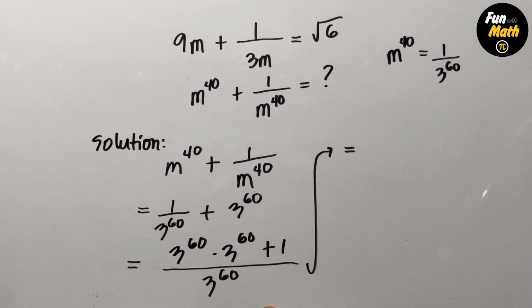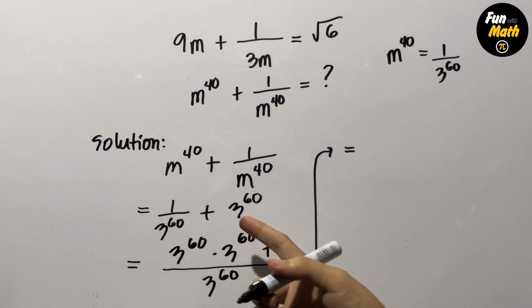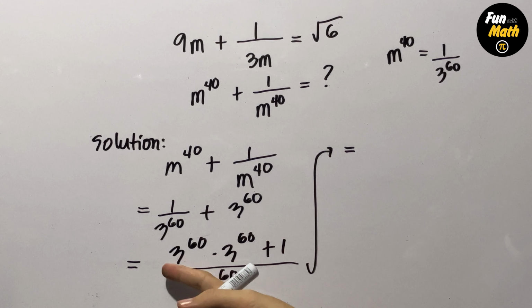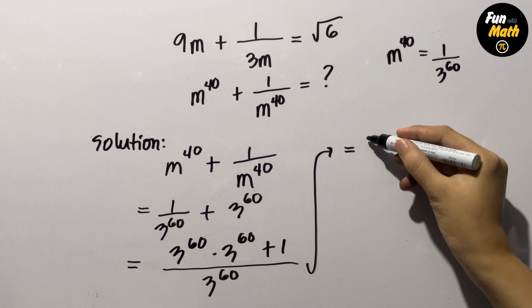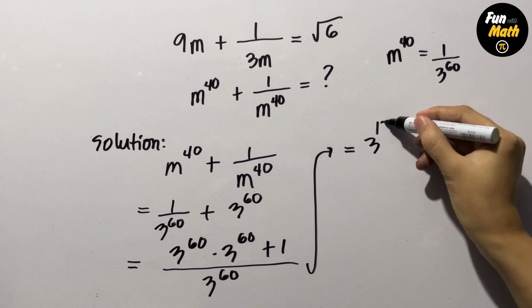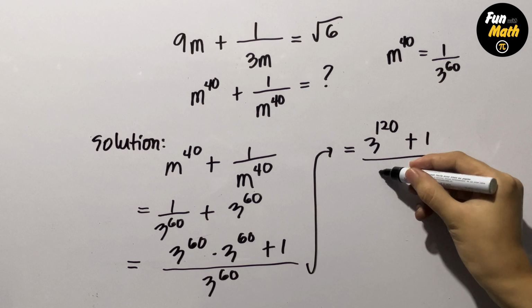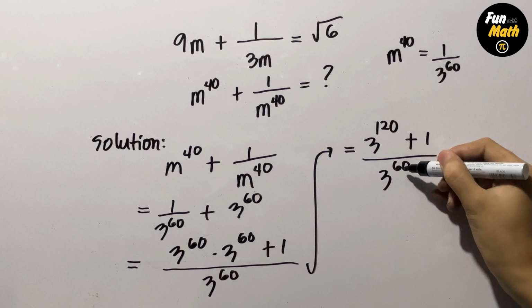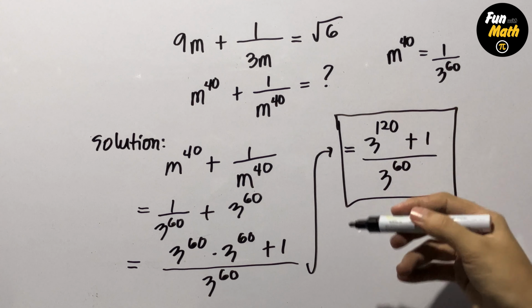According to the rule of a power, if we multiply with the same base, the powers are added. So 3 to the power of 60 times 3 to the power of 60 is equal to 3 to the power of 120, plus 1, all over 3 to the power of 60. And this is our final answer.